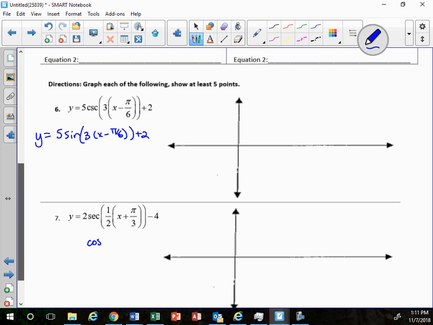Anywhere between like the 2 and 4. Where the midline is.